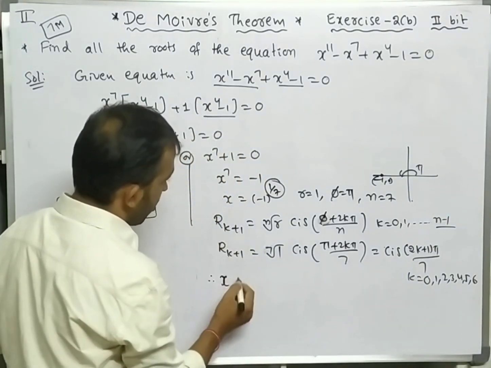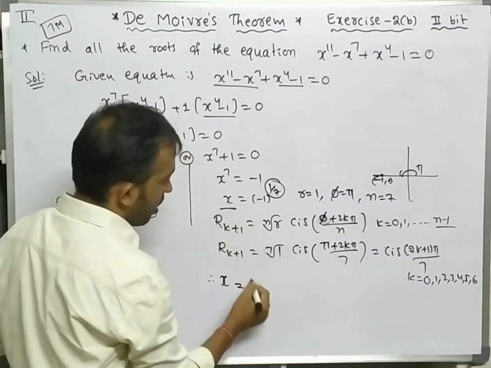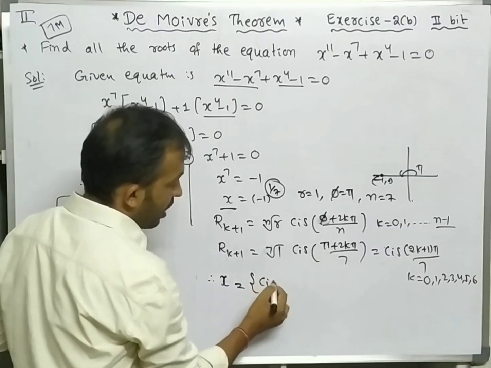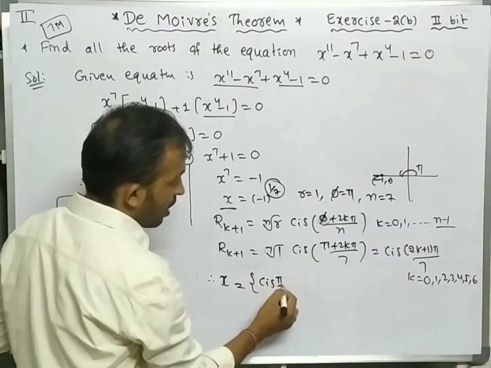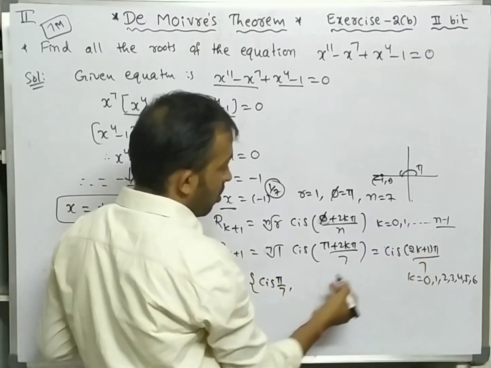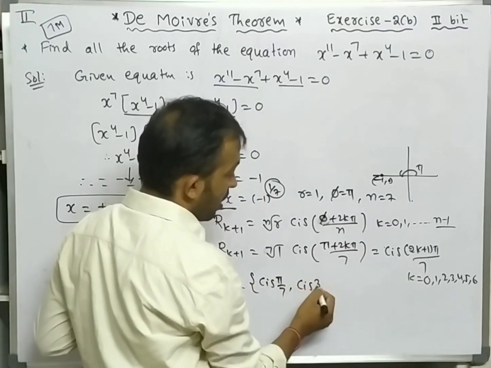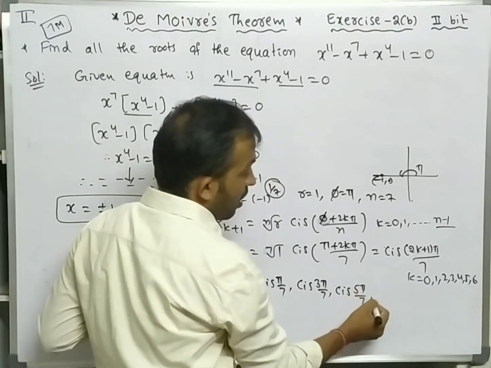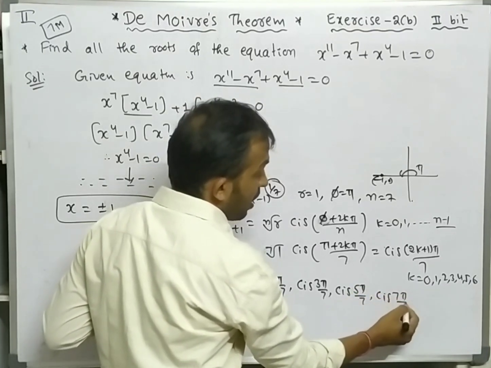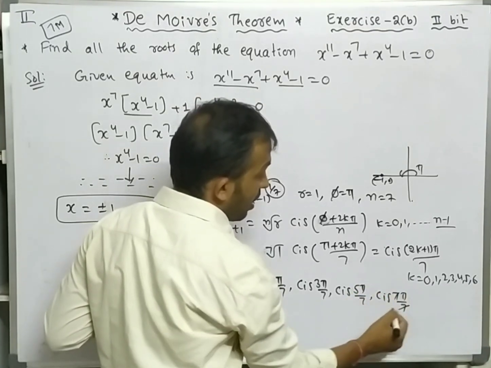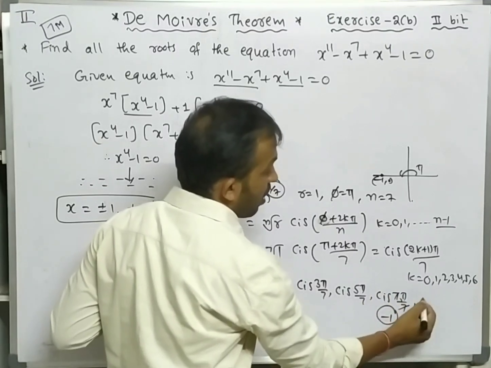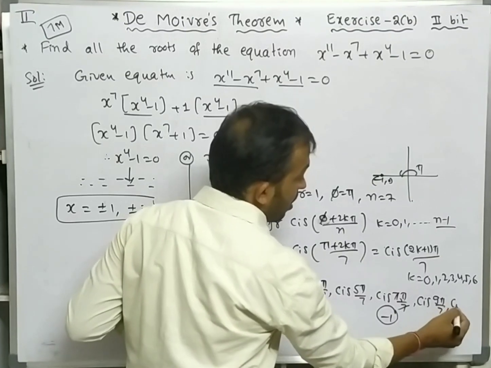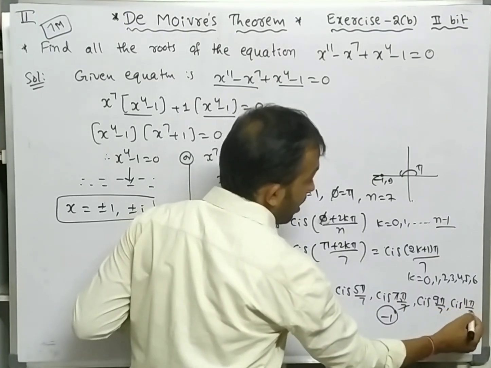So x is equal to, what are the solutions? First one is cis pi by 7, if k is equal to 0 you will get cis pi by 7, next cis 3 pi by 7, cis 5 pi by 7, cis 7 pi by 7, the 7 cancels, cis pi value is minus 1, next cis 9 pi by 7, cis 11 pi by 7.